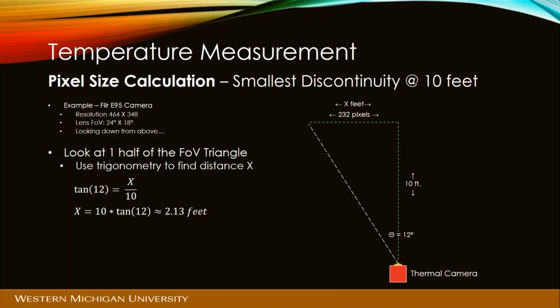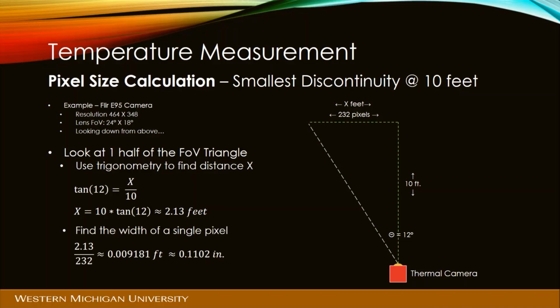Remember, this is going to be in feet. Opposite equals 2.13 feet. Okay? So over 2.13 feet, we have 232 pixels.